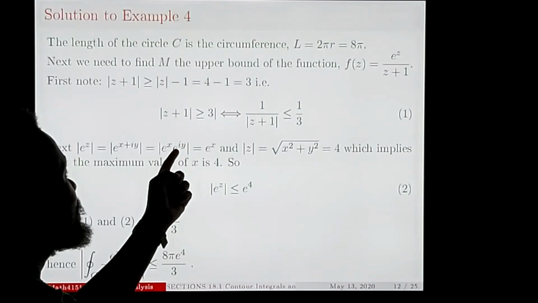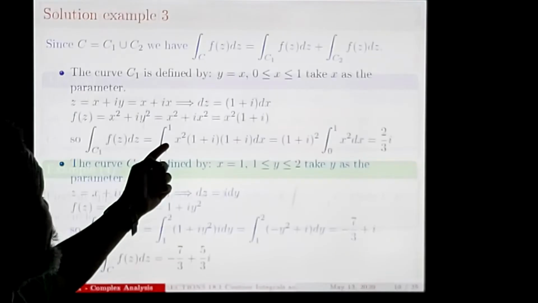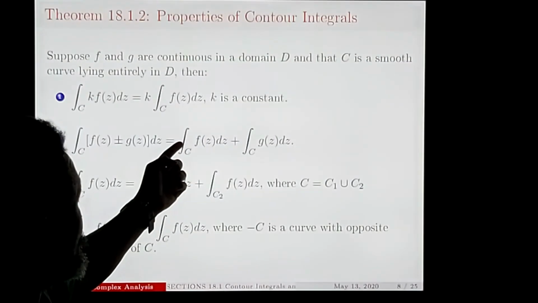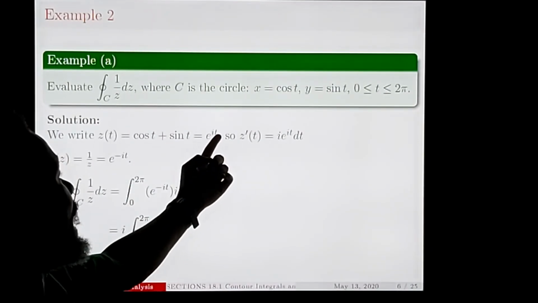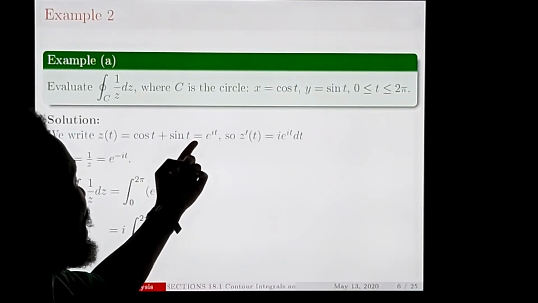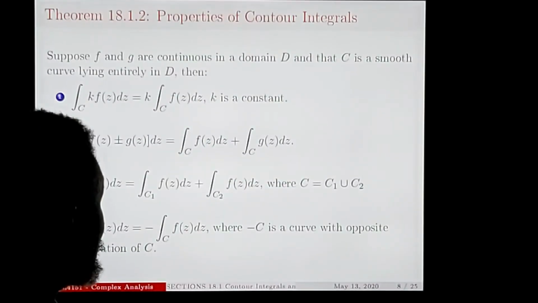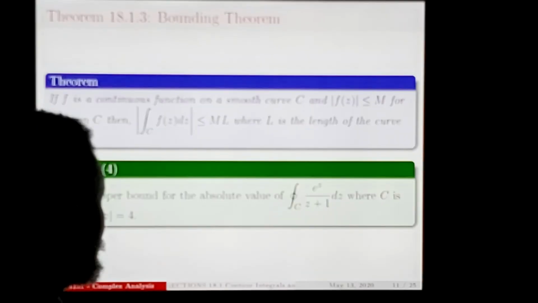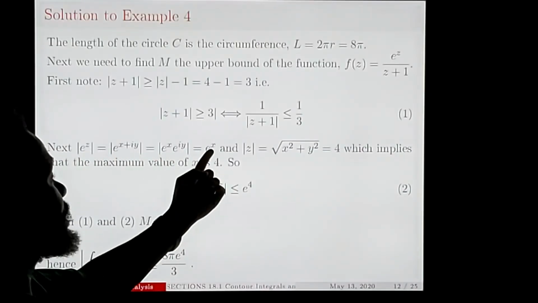But what is e raised to iy? It is cos y plus i sin y. Its modulus is the square root of cos squared plus sin squared, which is 1. So this is 1, so this equals e raised to x.